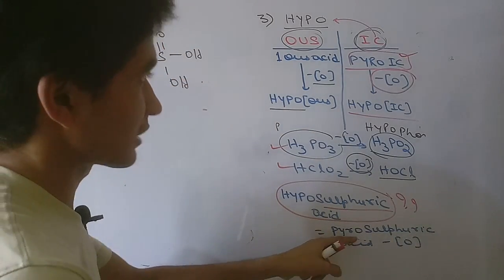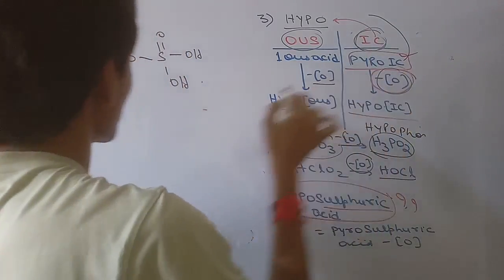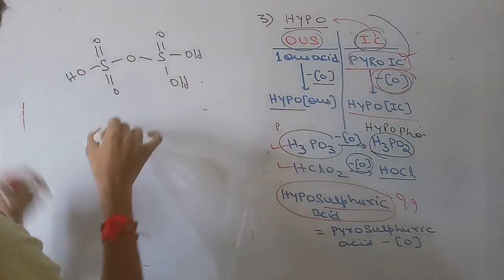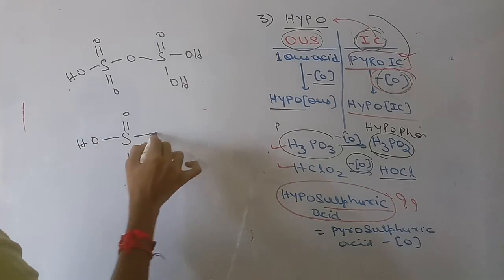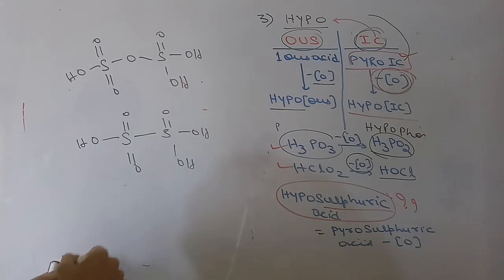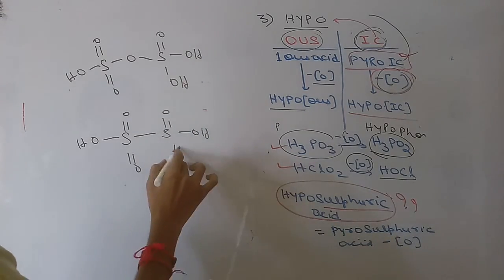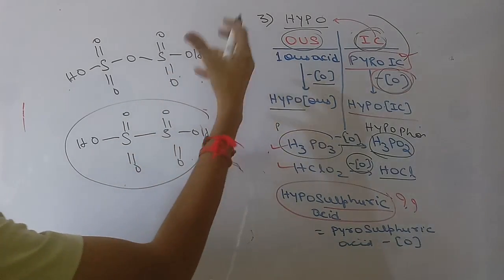Then you convert pyrosulfuric acid into hypo-ic by subtracting 1 oxygen. So 1 oxygen is subtracted from here. The remaining compound will be S double bond O, OH, S double bond O, OH. So this is the basic idea of how to convert to hypo.